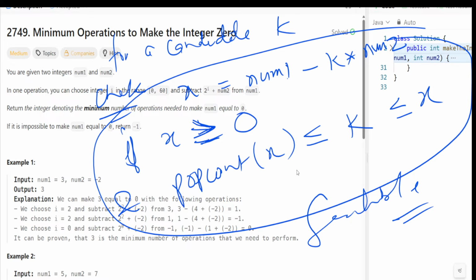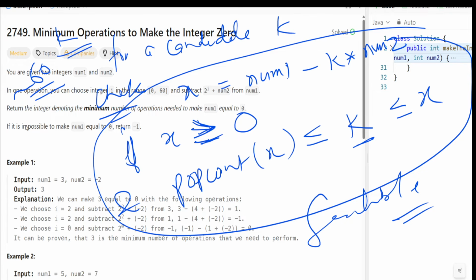Because let's suppose we want to find the smallest feasible k. Since i is bounded by 60 in the statement we have seen, k could go up to 60.